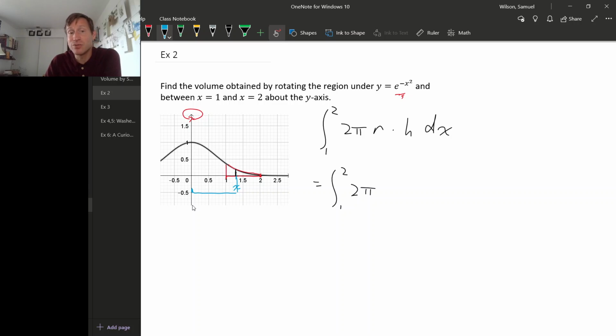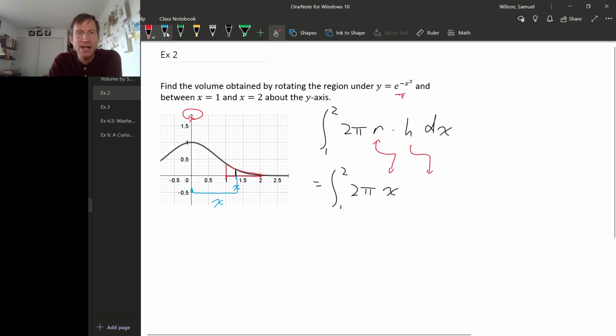Since our axis of rotation is the y-axis, the distance from the y-axis over to the x-coordinate x is just x. So r is just x in this case. And h, remember, is the height of the line segment at this position, and in this example it's given by this function.